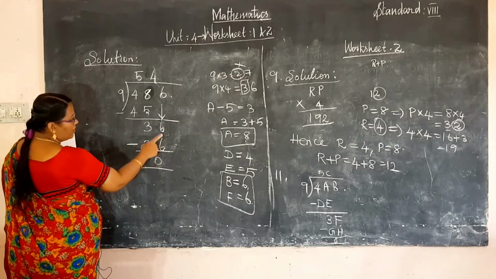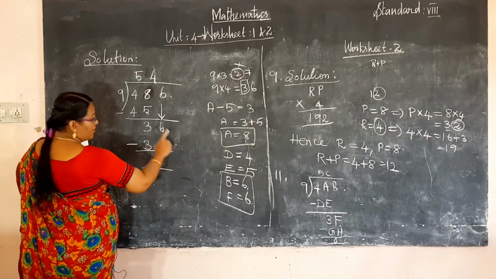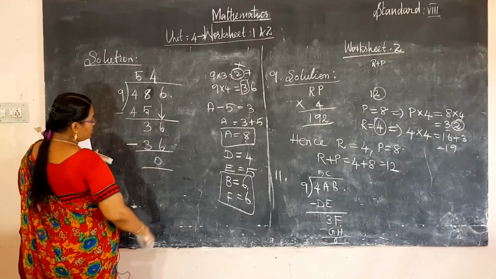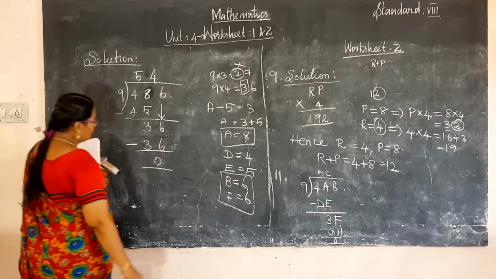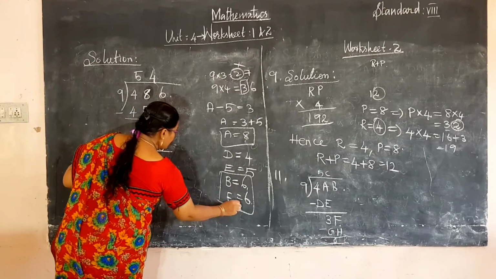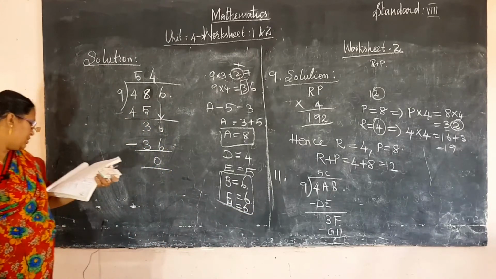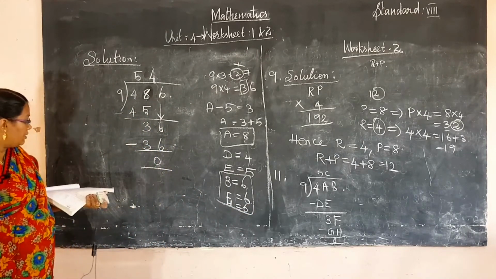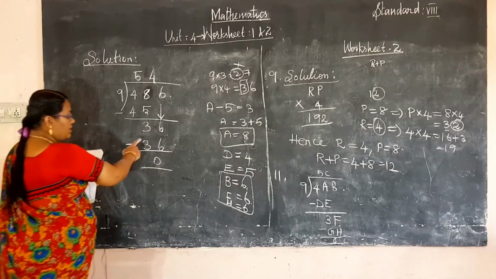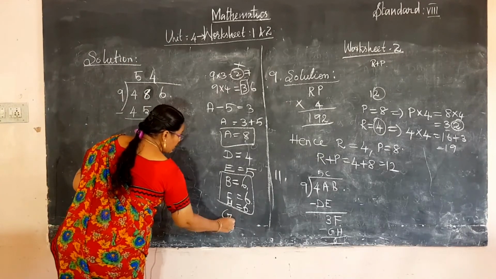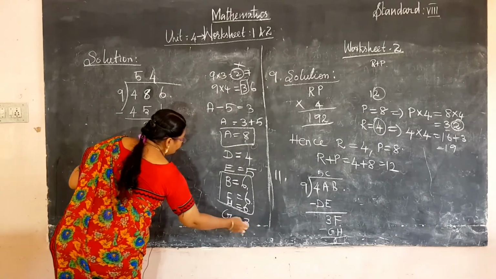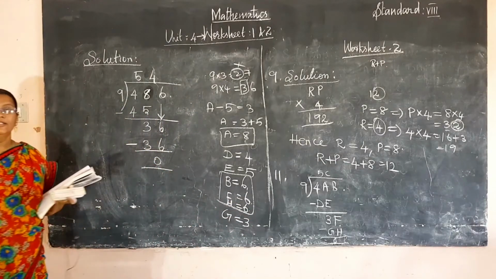So the place value of f is 6, b is also 6, h is also 6. And what is the value of g? g equals 3.